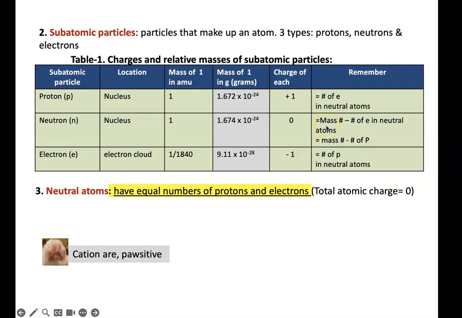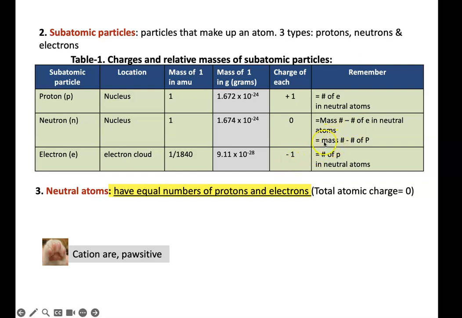What about neutrons? Because they have a number and the mass are both 1, the number of neutrons is equal to the mass number, that's the mass of the atom, minus the number of electrons in a neutral atom.